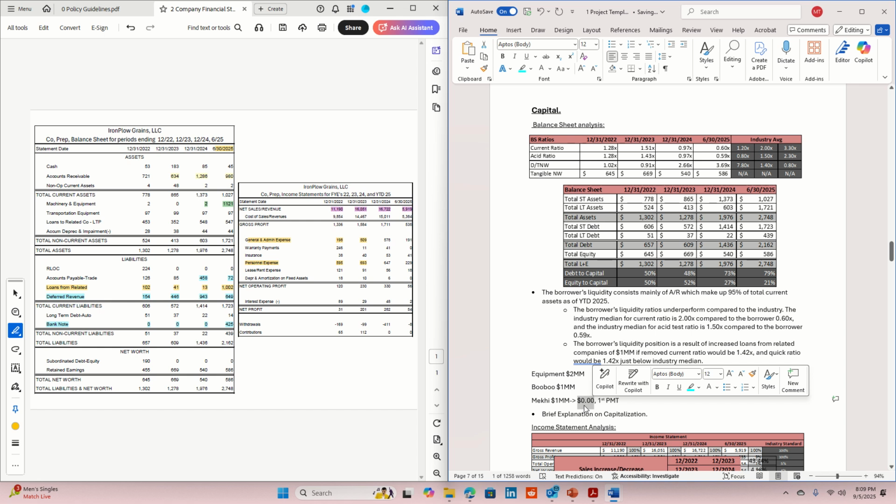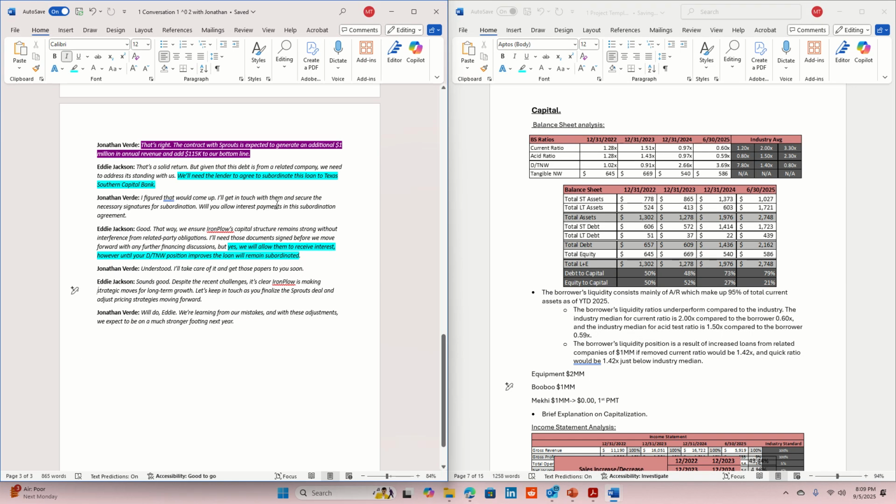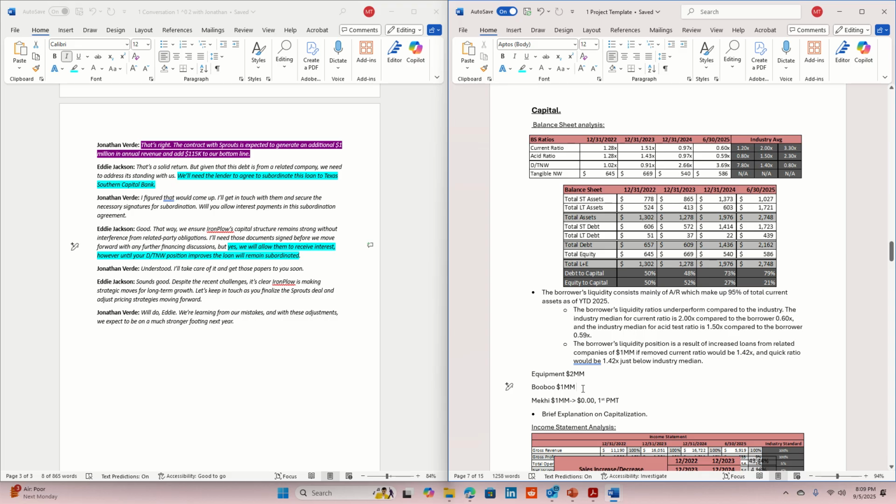As long as I have any amount outstanding, they will not receive any principal payments. The terms of this subordination agreement are that they will continue to receive interest payments. Yes, we will allow them to receive interest, so he can get 9% every single year.